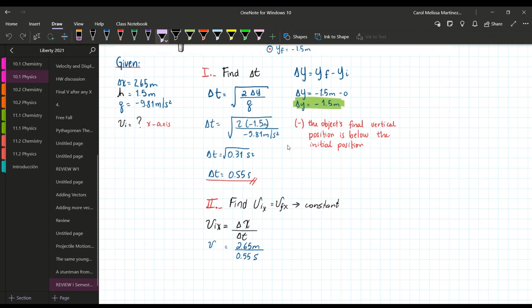So the initial velocity in x is equal to 2.65 divided by 0.55, and it is 4.82 meters over second. That will be the final answer.